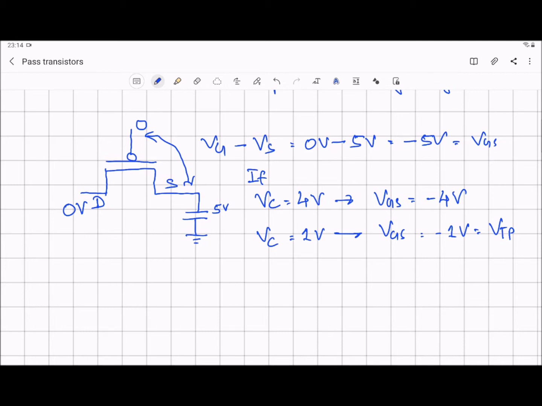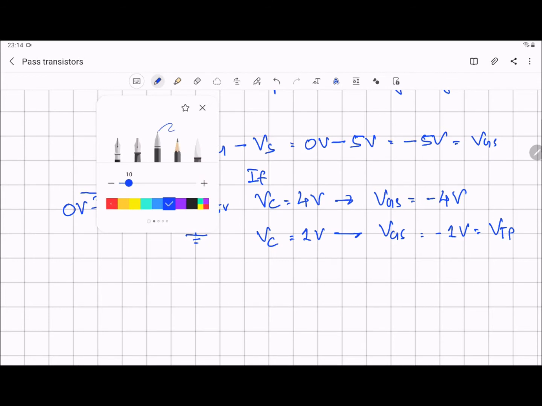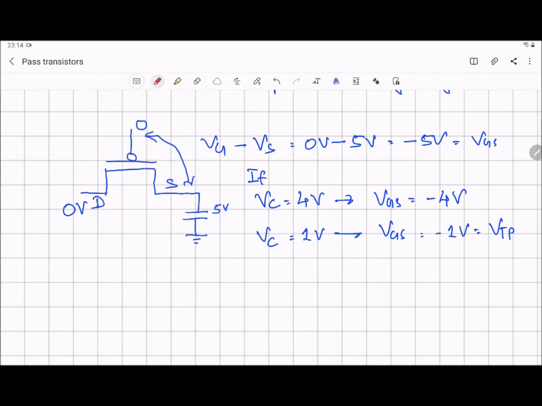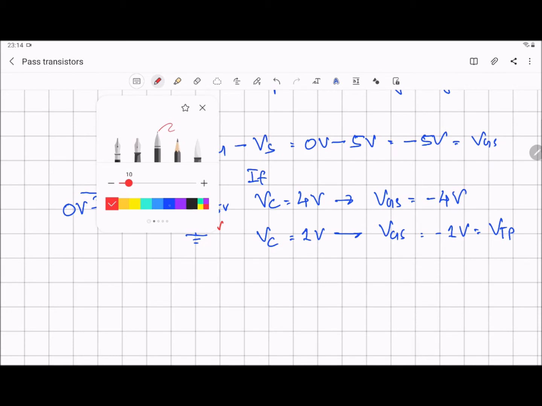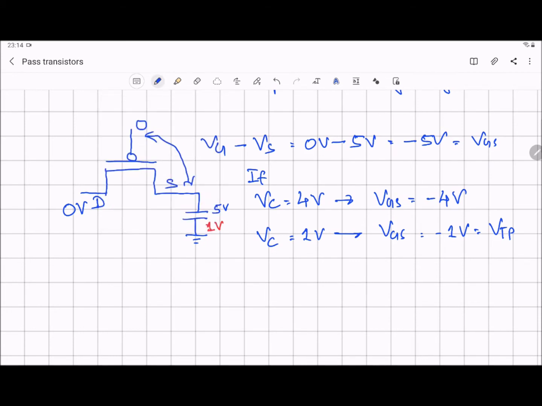So if I want to discharge, I cannot discharge this capacitor below 1 volt. So I want logic 0, but I get 1 volt across the capacitor. This means the PMOS transistor passes a weak logic 0. Remember, I wanted 0 volt across the capacitor, but I am getting 1 volt.